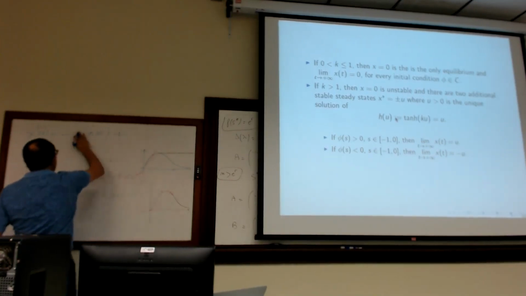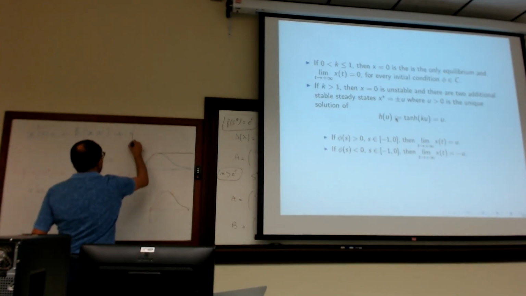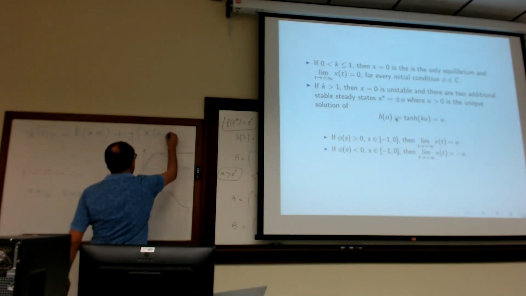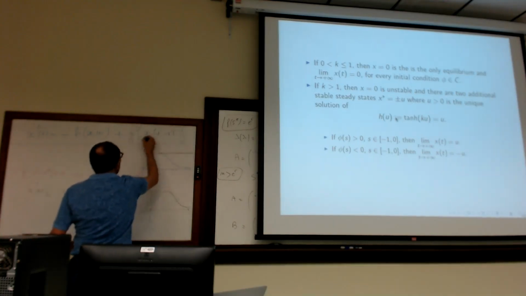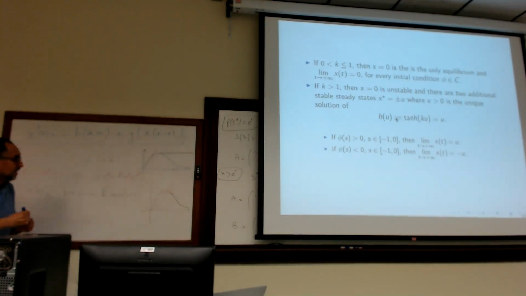Plus, I will put here H plus G X T minus R. It has this form. And this is important to check this function G. This is all the time almost negative, and this is positive.